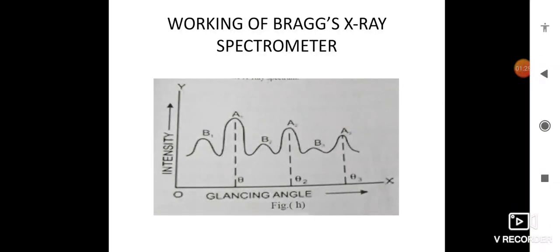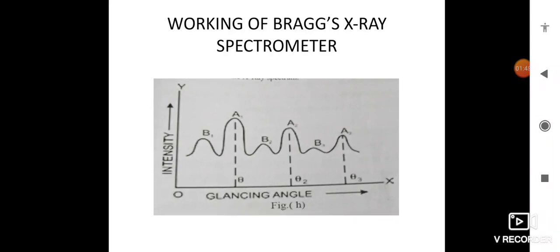Here n equals 1, 2, 3 represents the orders of different maxima. Similarly, peaks B1, B2, B3 represent the three orders of wavelength lambda 2.